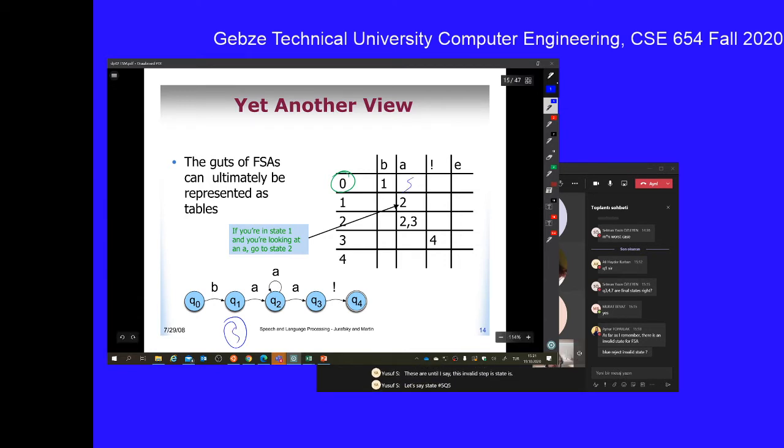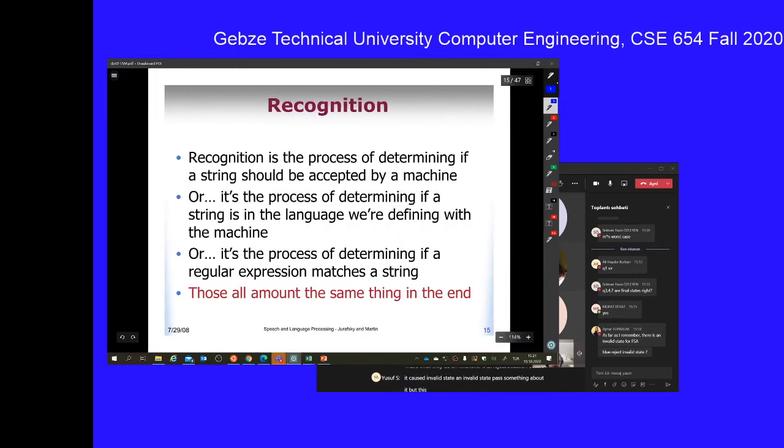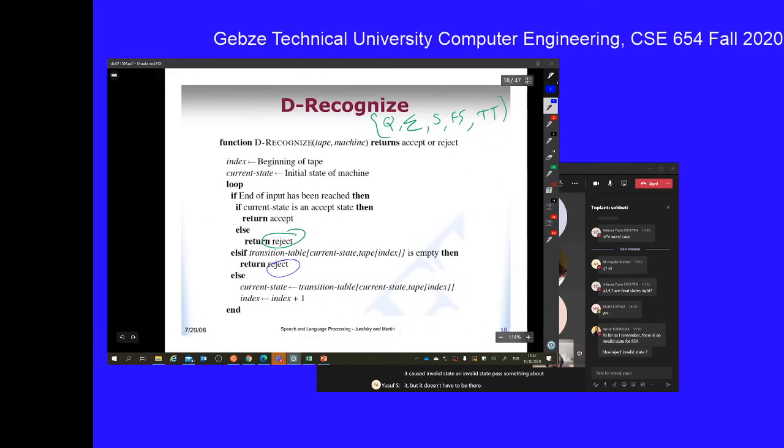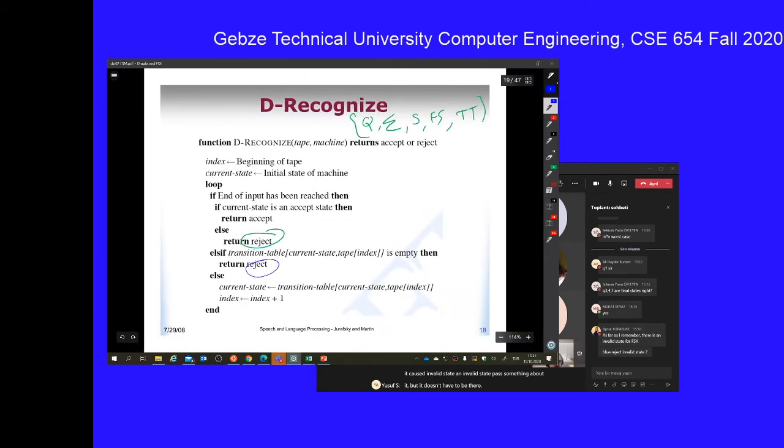All the empty places are fed with 5s, right? That's what they do. And whenever that reject situation occurs, it goes to that invalid state. An invalid state does something about it, but this doesn't have to be there. Okay, sometimes engineers do that.